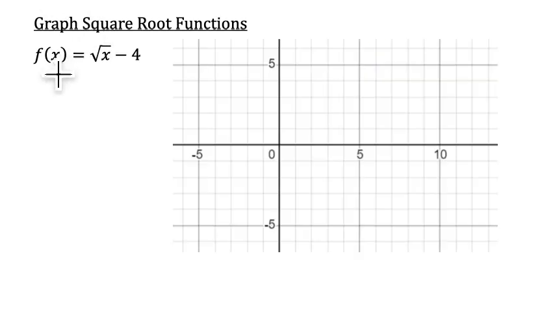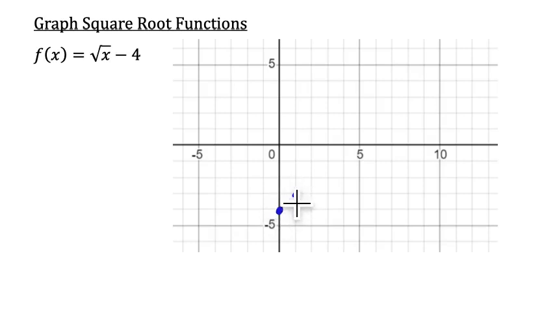Okay, so let's graph f of x equals the square root of x minus 4. So we're going to move the parent function down 4 units. Normally the endpoint is at 0, 0, so we're going to move the endpoint down 4. And then from there, we can just mimic the parent graph. The square root of 1 is 1, so when we move over 1, we move up 1.